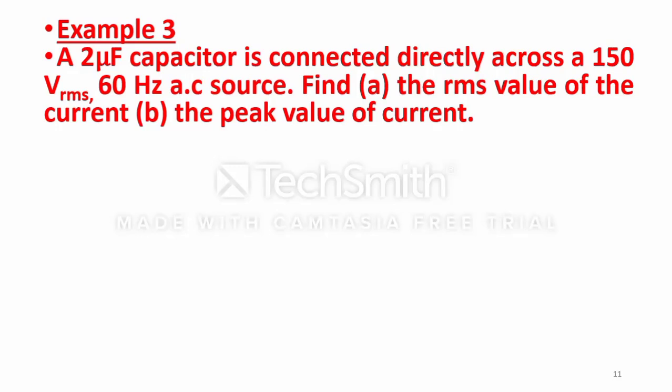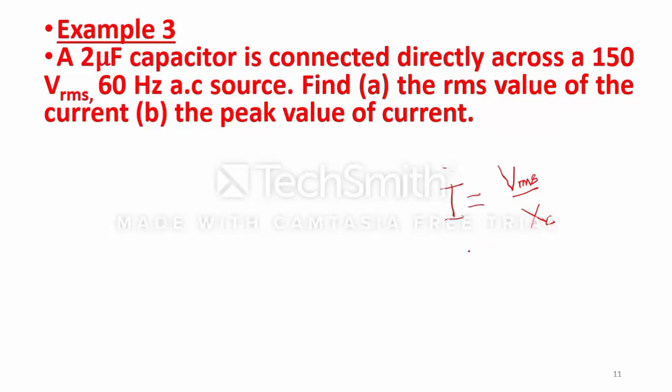Remember, I used to say that the SI unit in physics is a language. It tells you what the quantity is. So we are to estimate the root mean square value of current and the peak value of current. We are going to use the expression for root mean square value of current, I equals V root mean square all over Xc.